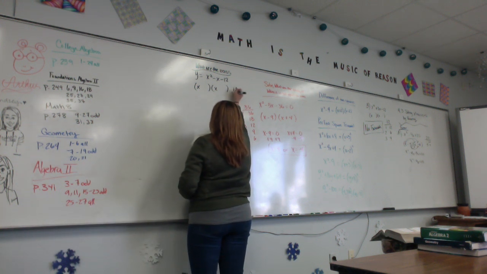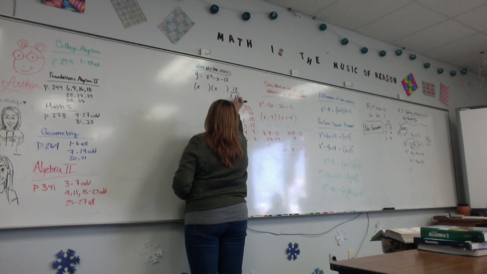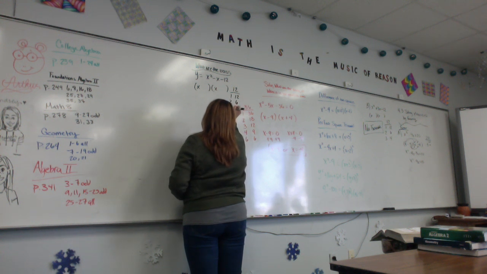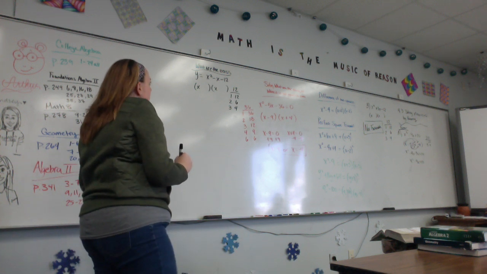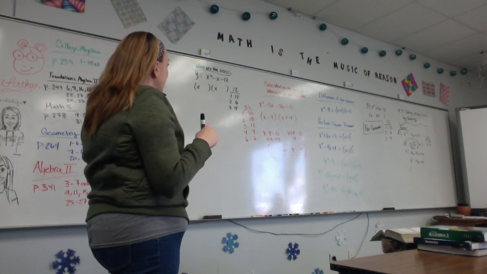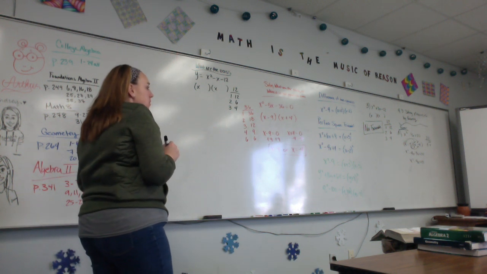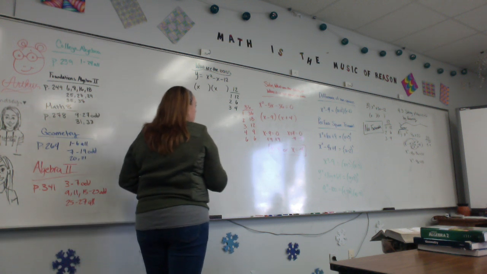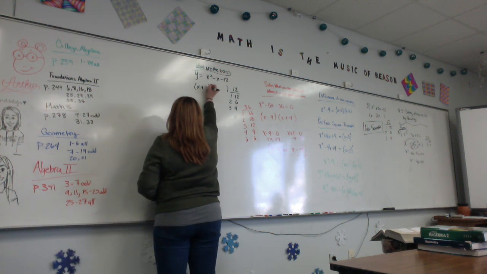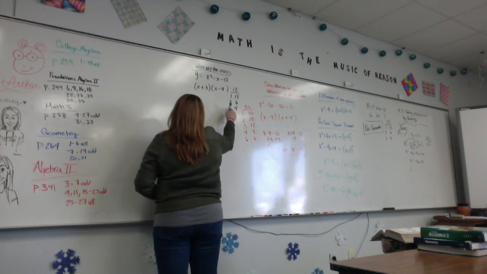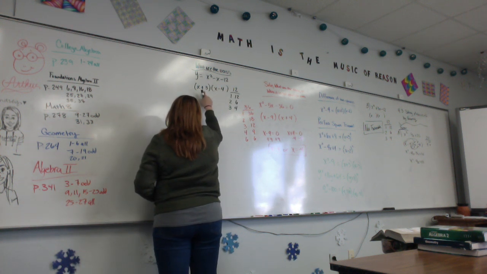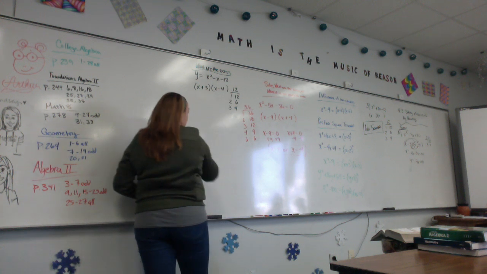I would write a table. 1 and 12, 2 and 6, 3 and 4. What multiplies to give me negative 12 but will add to give me negative 1? Positive 3, negative 4. Beautiful. Because negative 4 plus 3 gives me negative 1. 3 times negative 4 gives me negative 12.